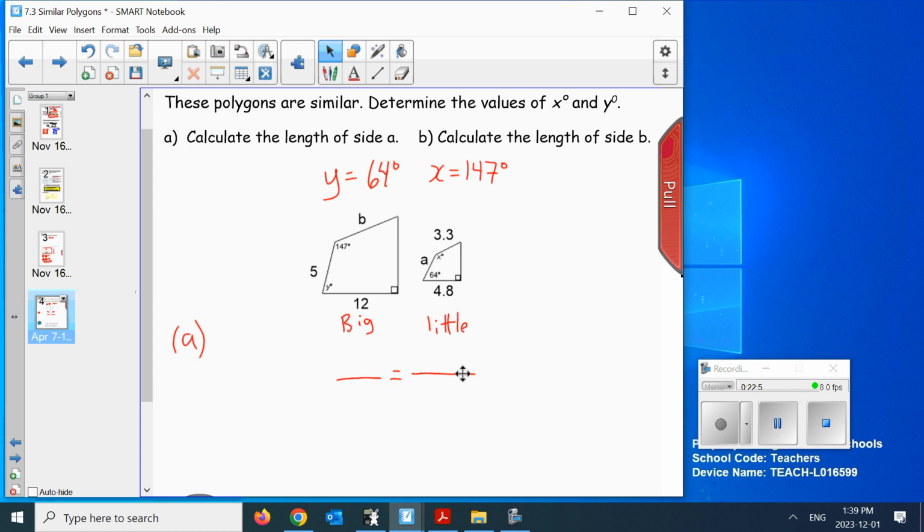Now, here's what's important. You notice that 12 and 4.8 are basically similar sides, right? Here's what I'm doing. I'm going to say 12 on the big is like 4.8 on the little. Does that make sense?